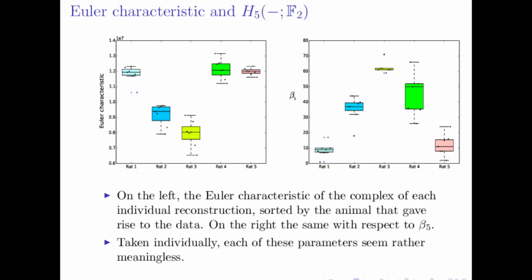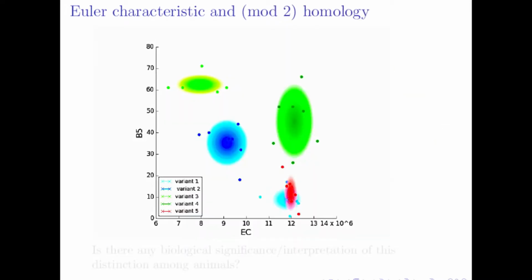But scientists, they do things that we don't even consider doing. For instance, why would you take the fifth homology and the Euler characteristic and graph them against each other in a two-dimensional coordinate system, like this? Well, because sometimes you see something surprising. Each one of the color blobs here is basically the center of mass of each of the individual rats.